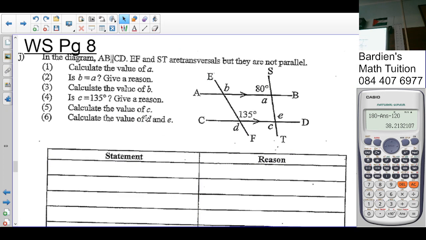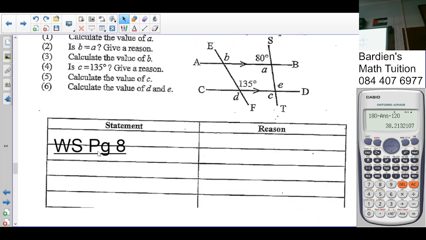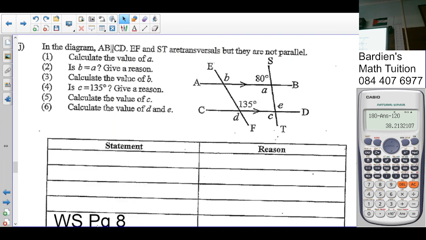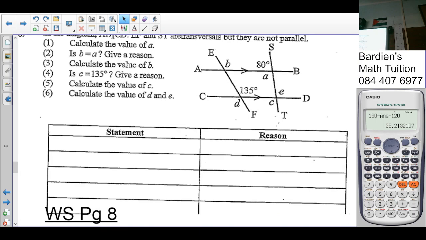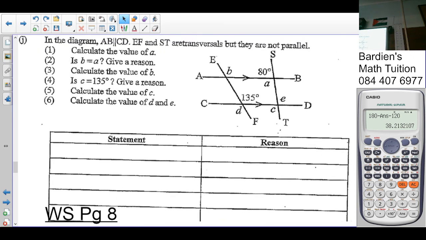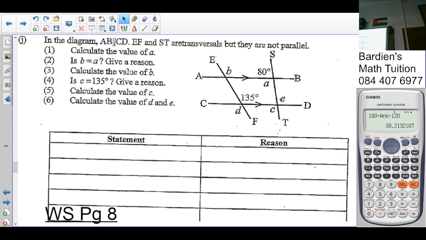Let's go with this one here. So we are told in the diagram AB is parallel to CD.